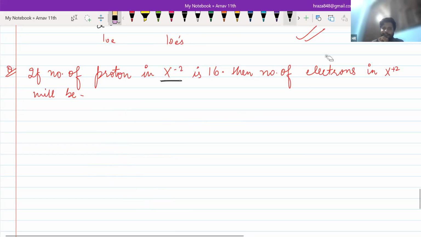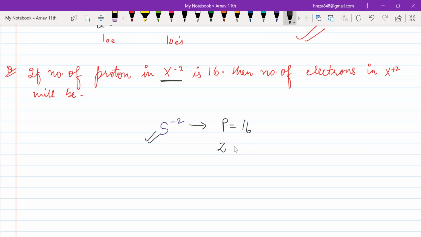Now I'm going to take an example. Silicon. Here is silicon. 16. I'm going to take an example of that. Oh, sulfur. Okay. Yes. Minus 2. 16. Okay. Now tell me, it's given that the number of protons for sulfur is 16.